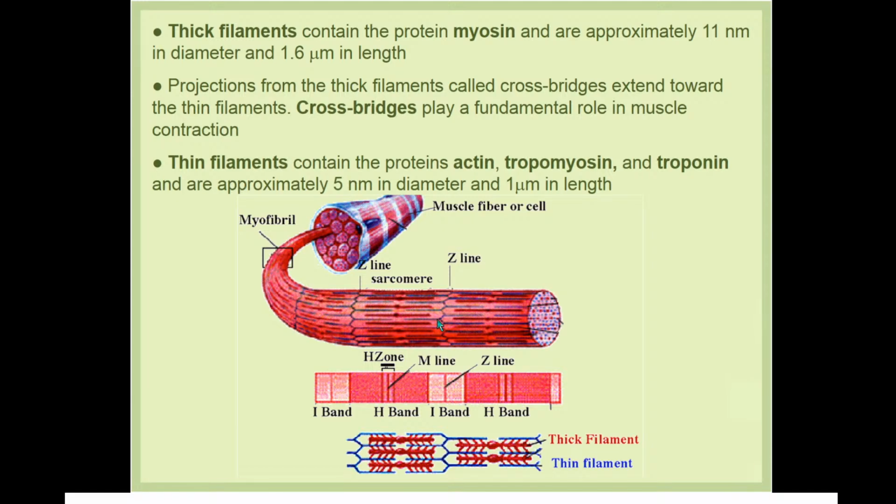Thin filaments are attached strongly to the Z line, and this fragment between two adjacent Z lines is the functional unit of the myofibril, the sarcomere.